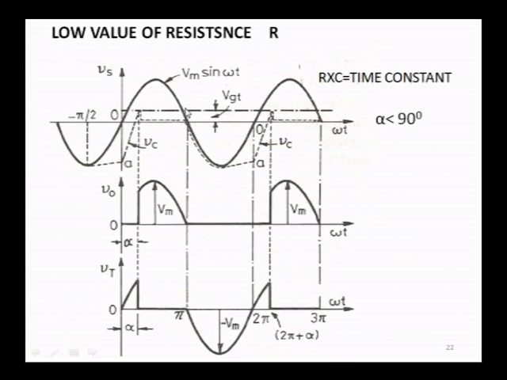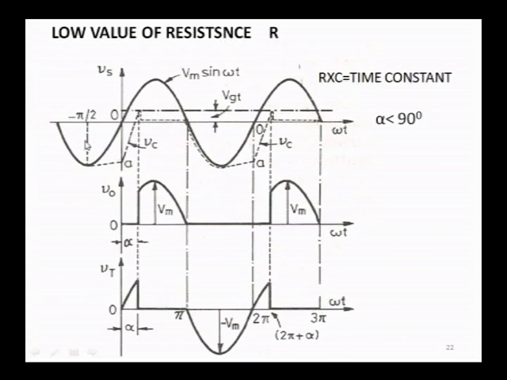This concept is already explained in the R firing circuit. So, the capacitor voltage should equal the gate triggering voltage, then only your SCR will trigger. You can see this alpha shown here. Okay. Now, this concept you have to write very properly.